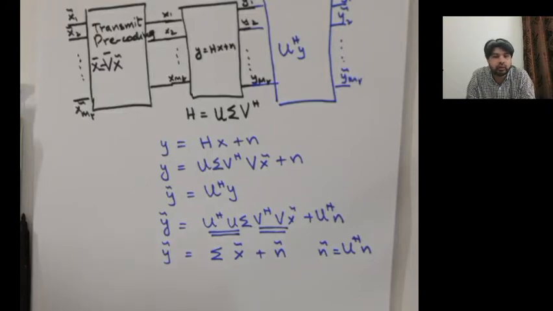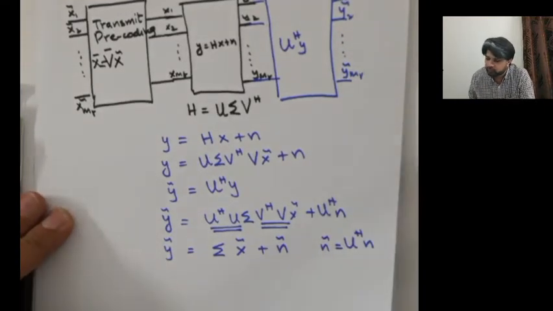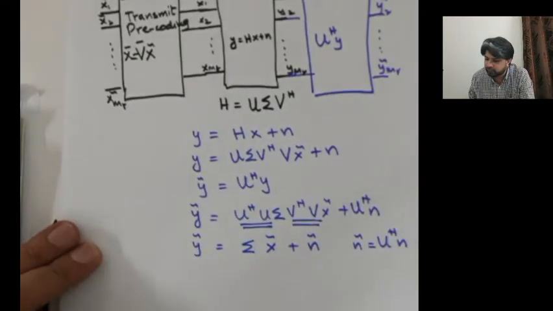Although it would get rotated because of the matrix U, this rotation would have no impact on the noise because we assume the noise to be circularly symmetric. So the distribution of this noise would remain the same even after this transformation, given that U Hermitian is a unitary matrix.